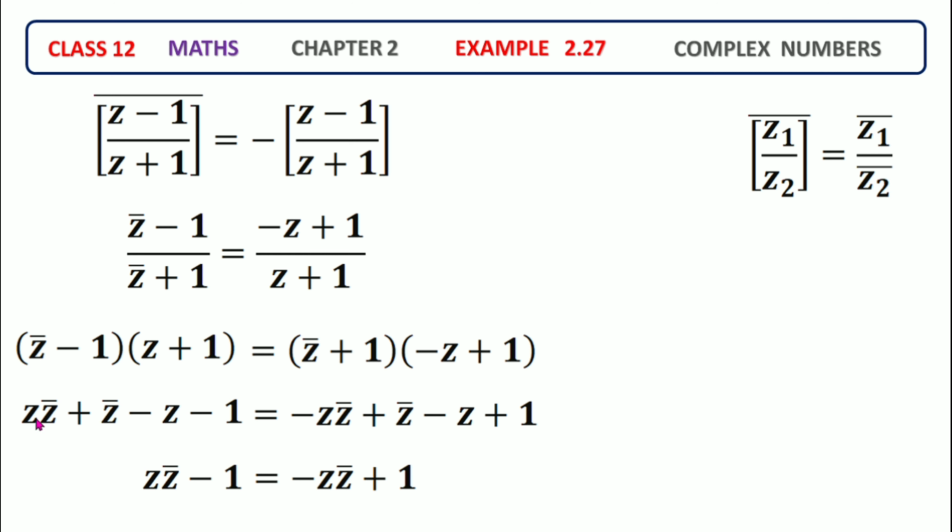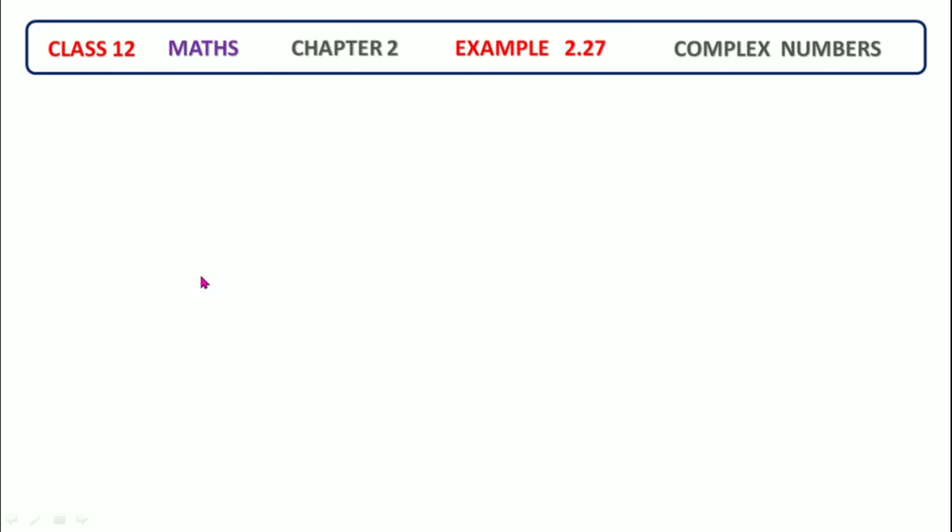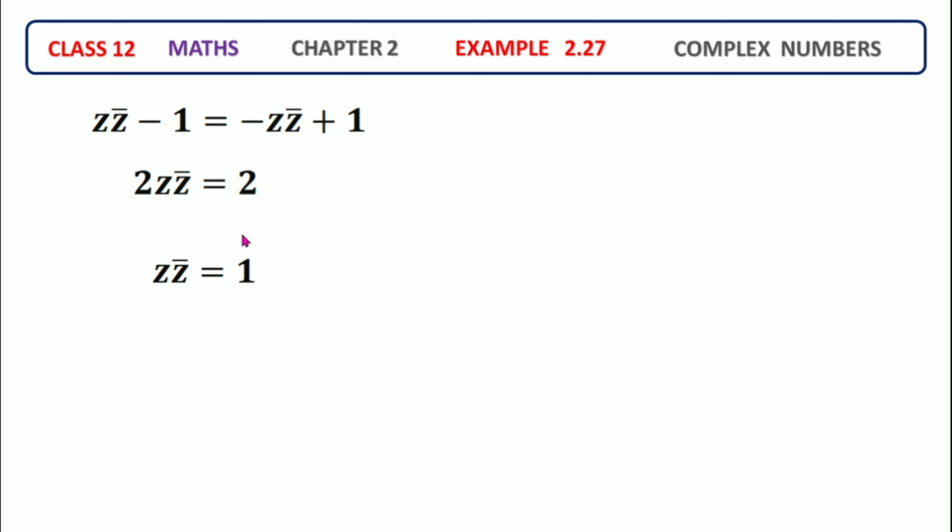What is remaining? z bar minus 1, right hand side minus z bar plus 1. Writing this, minus z bar on the left side becomes plus z bar, so twice z bar. Here 1 plus 1 is 2, so z bar is equal to 1.